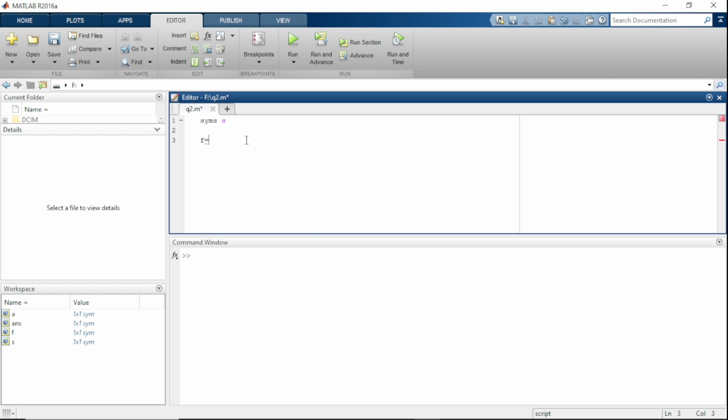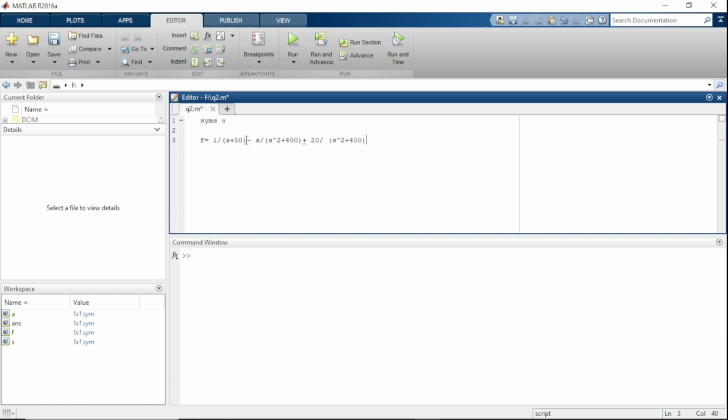So function f equal to, first example, 1 by (s plus 50) minus s divided by (a square plus 400), plus 20 by (a square plus 400).